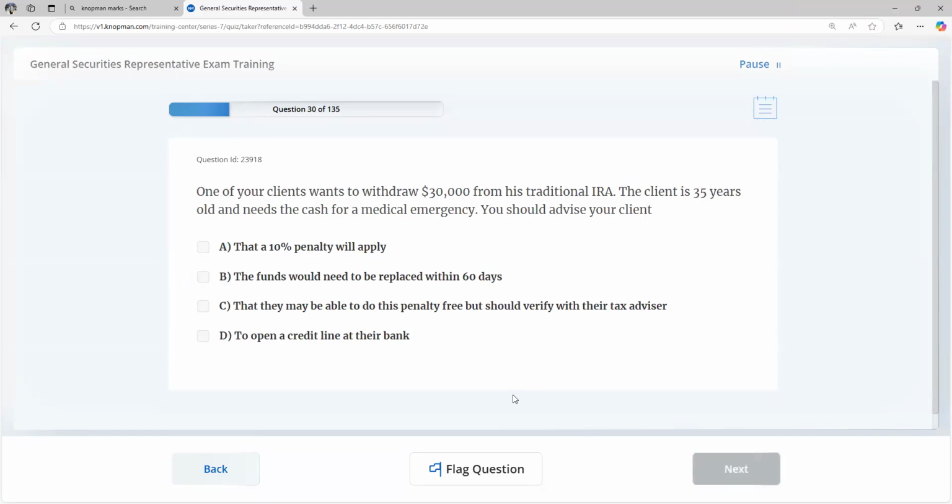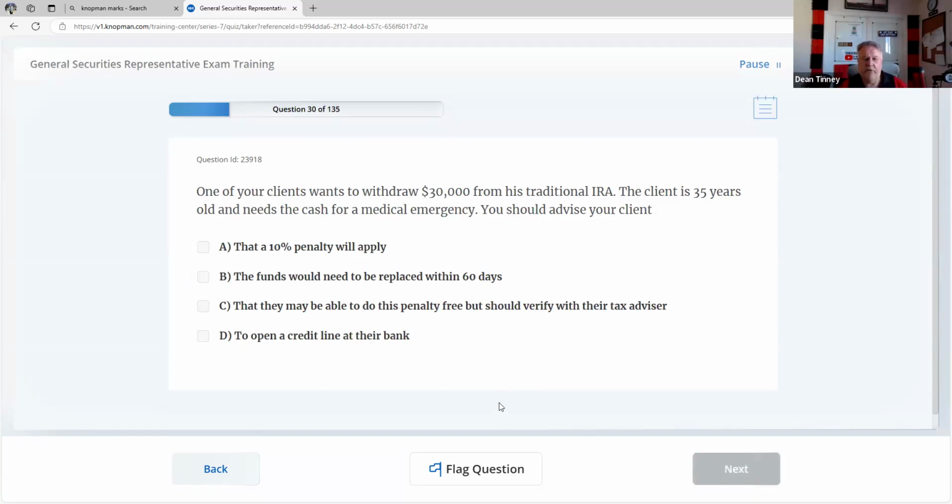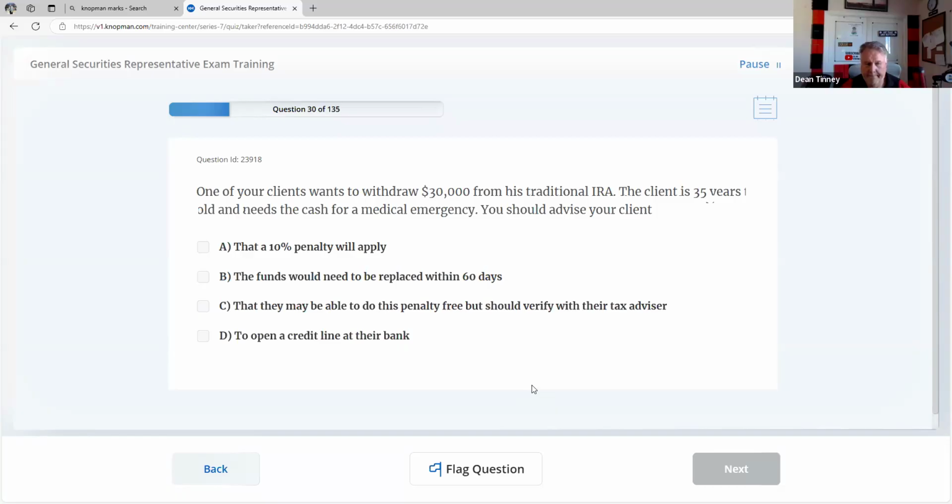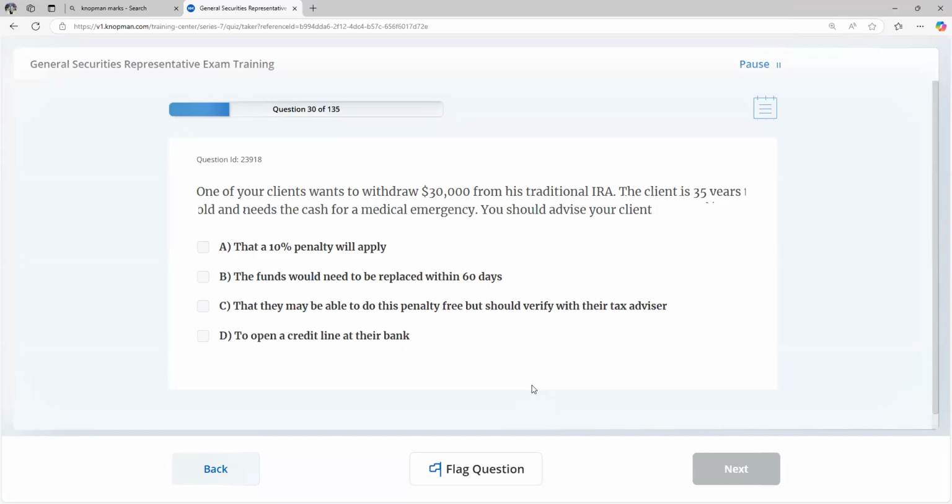One of your clients wants to withdraw $30,000 from his traditional IRA. He's 35 years old and needs the cash for a medical emergency. You should advise your client. They're allowed to take money out for a first time home buyer, or to open a line.